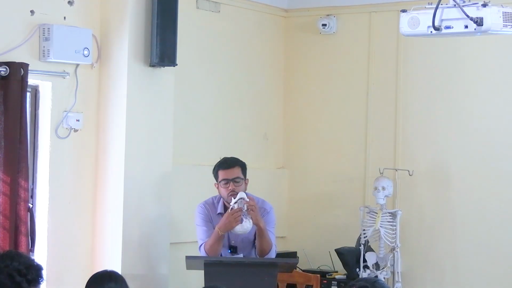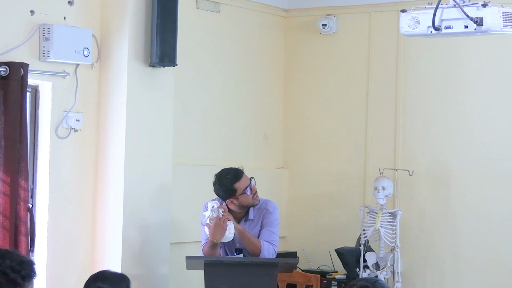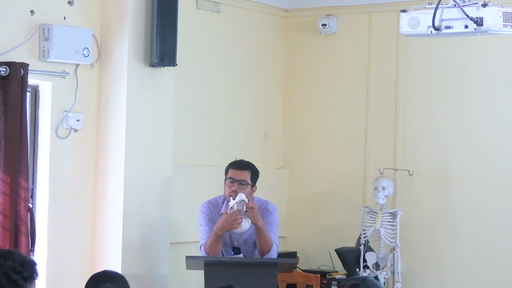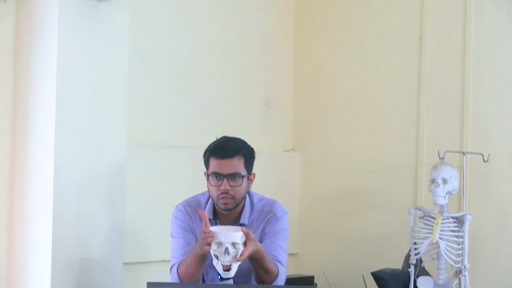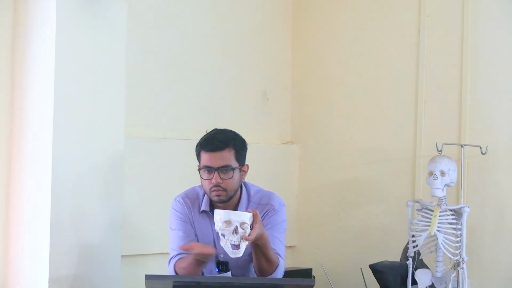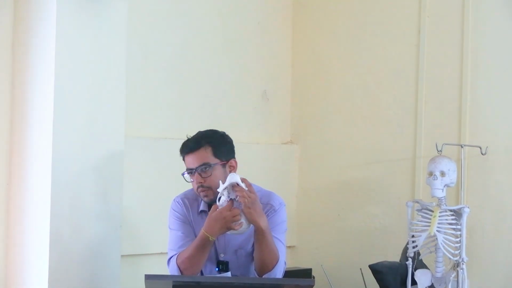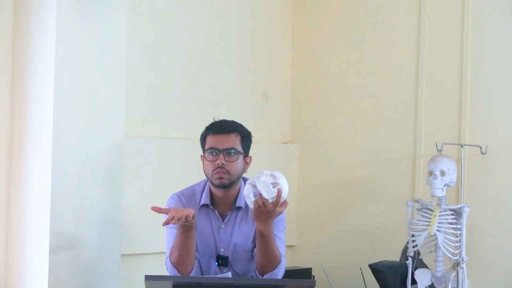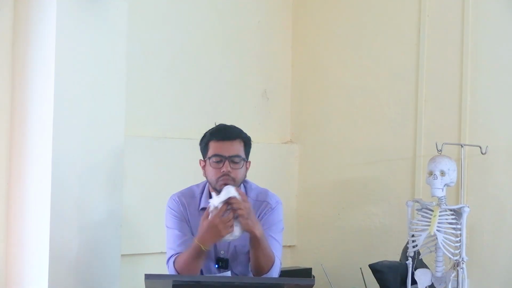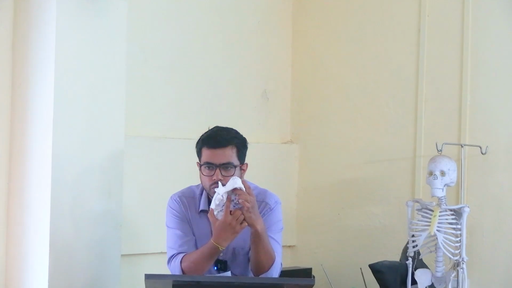Now, the posterior 1/3, the pinkish-reddish one, is the palatine bone. This is horizontal if you hold the skull in anatomical position, so this is the horizontal plate of the palatine bone. There is a perpendicular plate also. If the individual bone is taught, it will be shown, but for now just know this is the horizontal plate of the palatine bone.